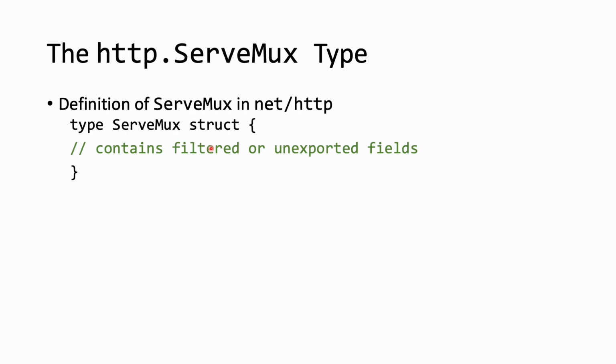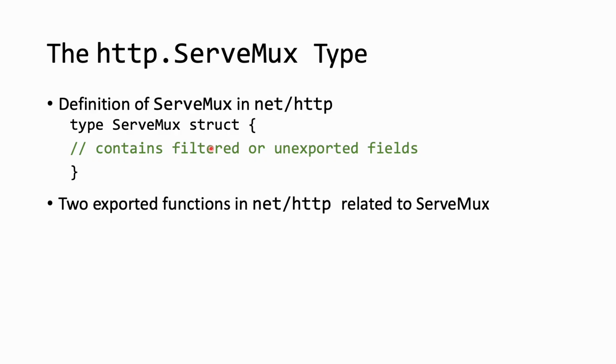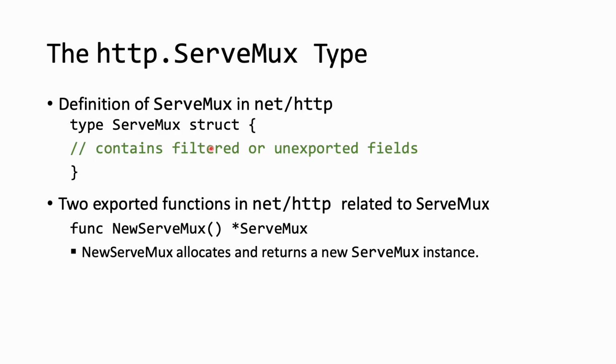So to use ServeMux, we typically use two exported functions which are also defined in package net/http. Those are the functions related to ServeMux. The first function is NewServeMux, which allocates and returns a new ServeMux instance.